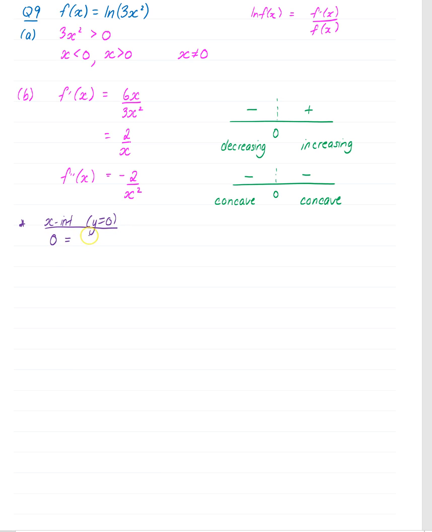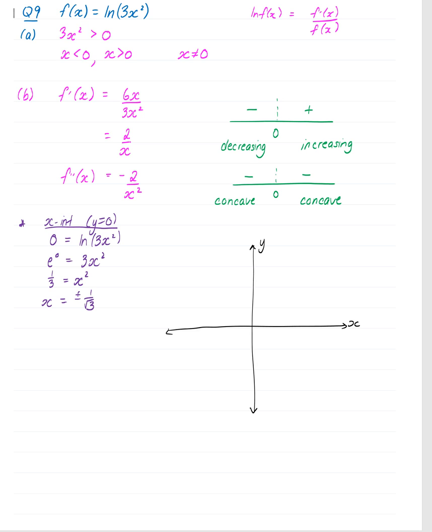So we're solving 0 equals ln 3x squared. Let's get rid of that ln, so we go e to the 0 equals 3x squared. Anything to the power of 0 is 1. We divide by 3, so 1/3 equals x squared. Therefore my intercepts will be x equals plus or minus 1 on root 3.